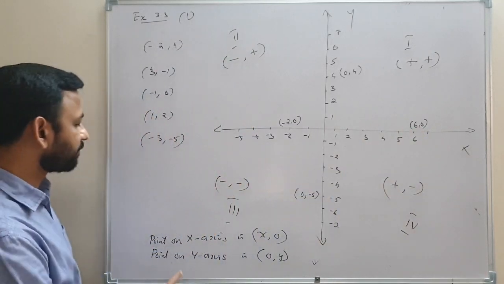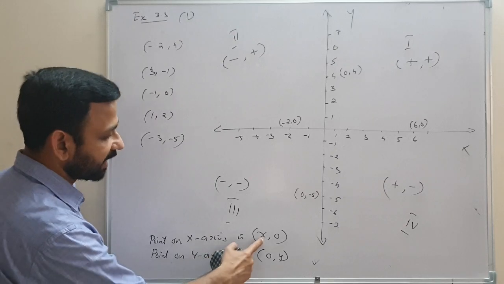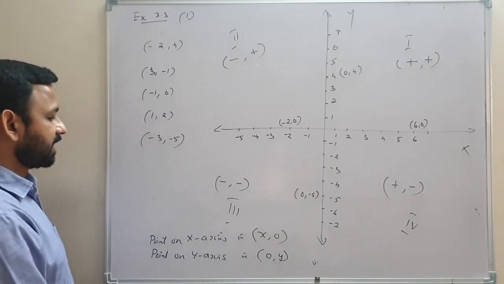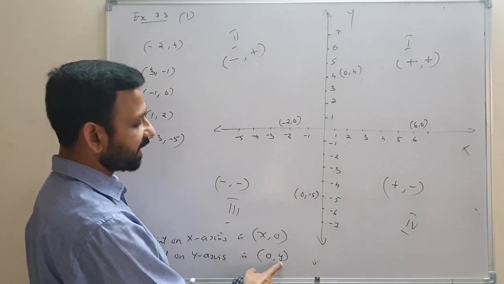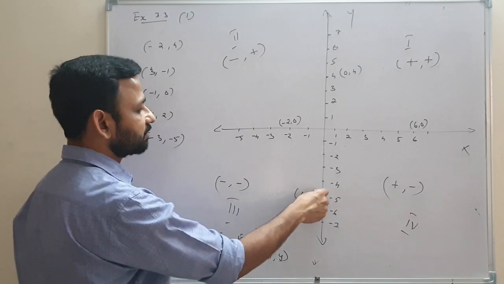So the general form of a point on the x-axis is (x, 0), and the general form of a point on the y-axis is (0, y).